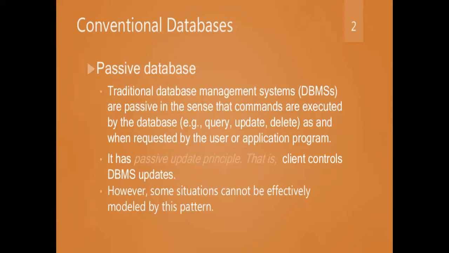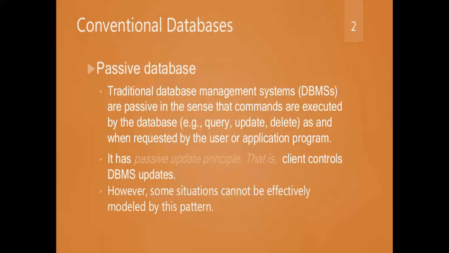It has a passive update principle, that is, the client controls the DBMS updates. This means in the traditional DBMS, implicit functions were not there. Rules were not defined implicitly within the database. Some other clients control those kinds of codes, which are not inside the DBMS but outside, somewhere else.